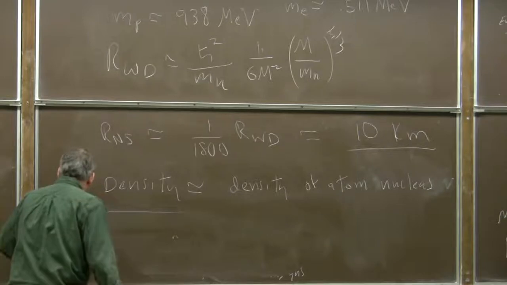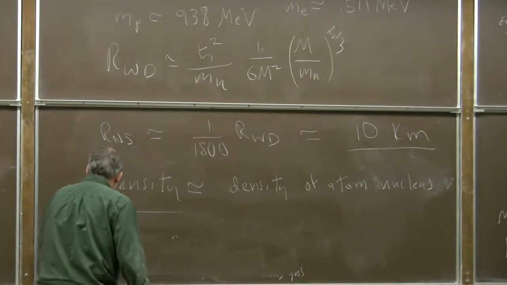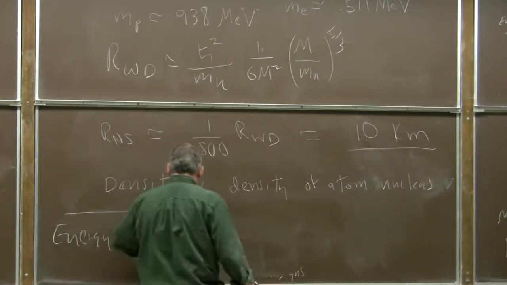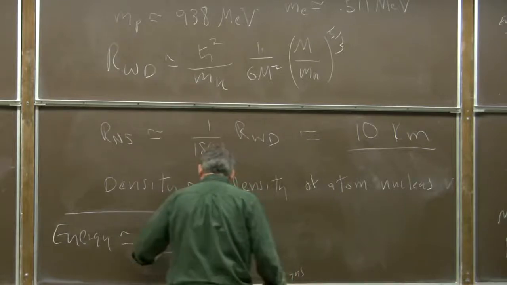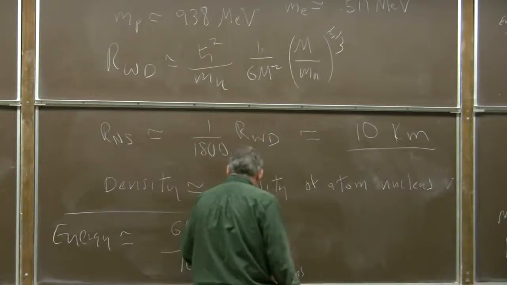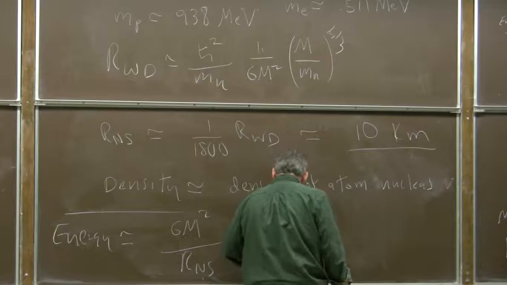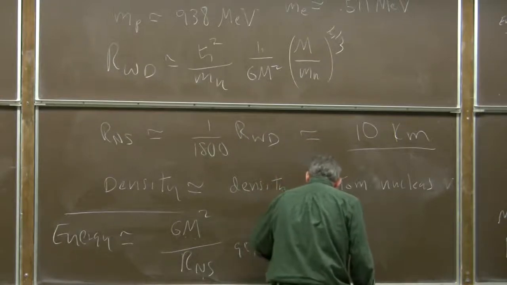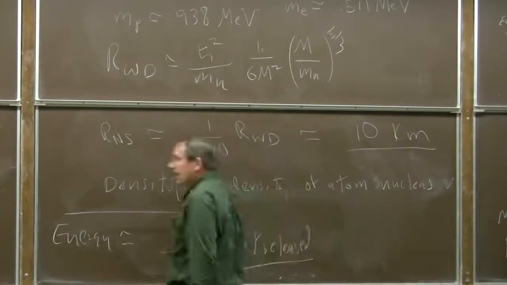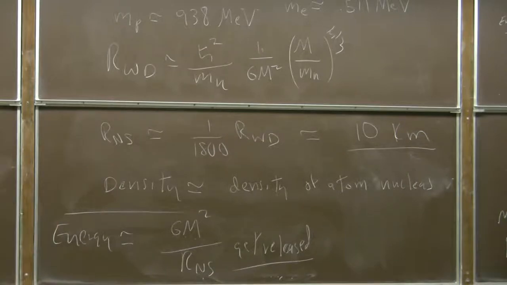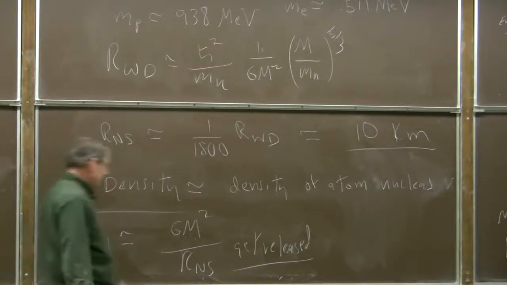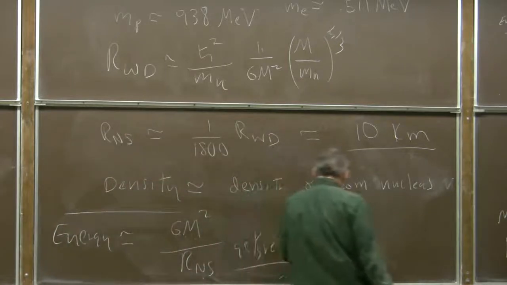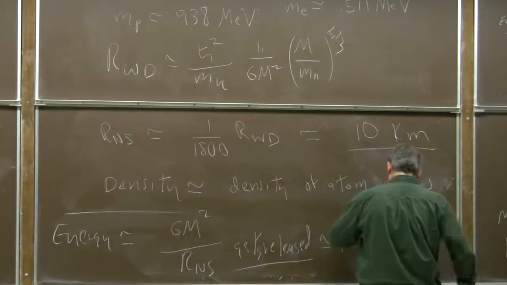So energy of the order of G M squared over R neutron star gets released. Anybody have an idea how much energy that is? Well, I don't mind telling you. It's about 10 to the 53 ergs.